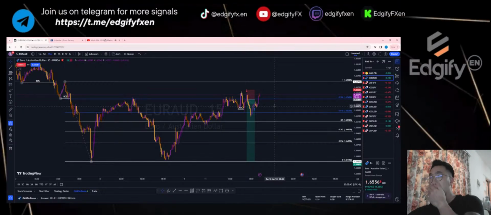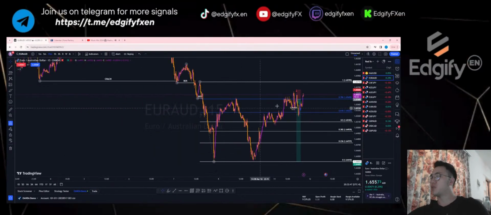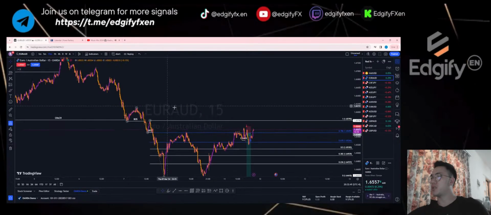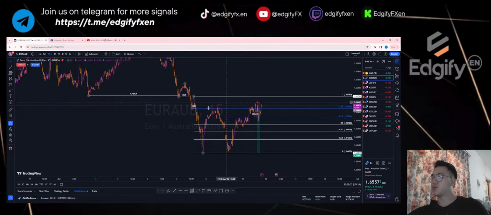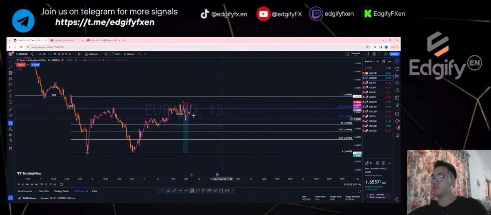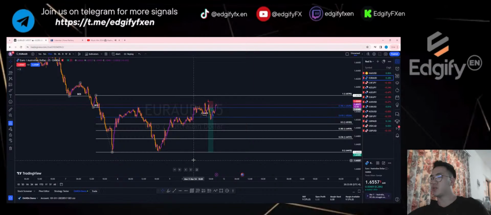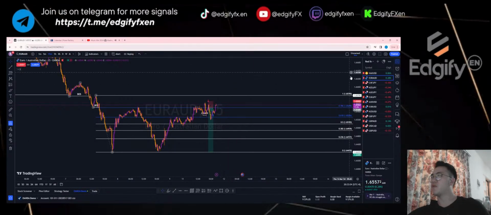From what I'm seeing on the 15-minute, my big time frame here, the price is dumping, but there is a possibility that the price is not respecting this downtrend and it might reverse back to the top.